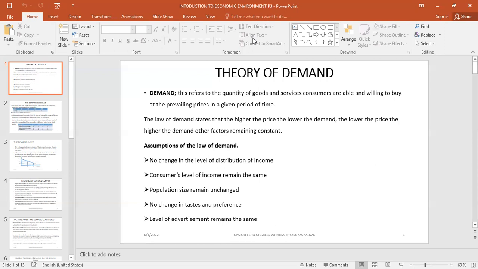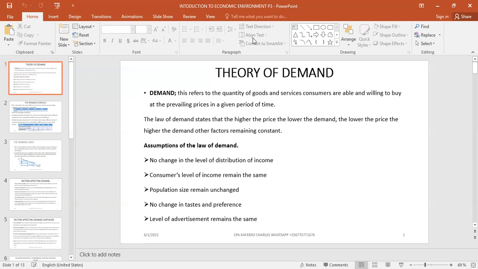When the price is high, the level of demand is low, and when the prices are lower, we expect the demand to be high, but we keep other factors constant.